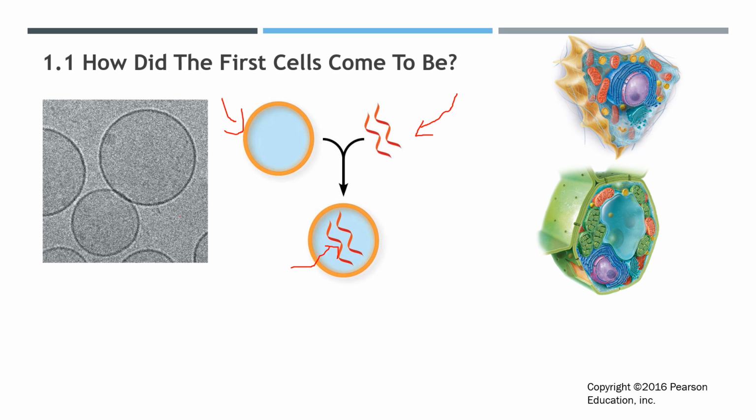All of that can be done with this: a simple vesicle with lipids that creates an interior here and an exterior outside. So, interior and exterior.